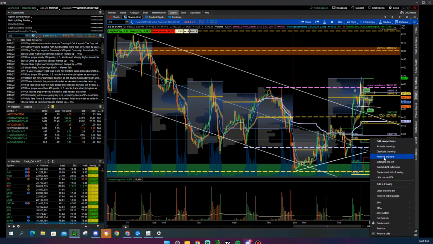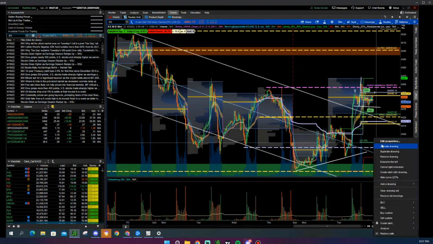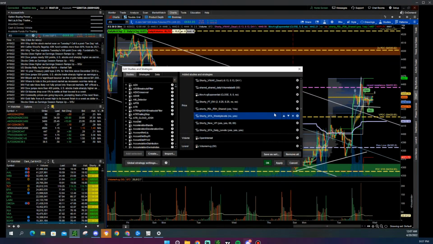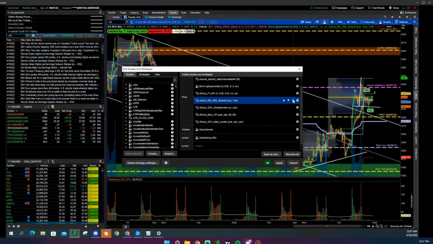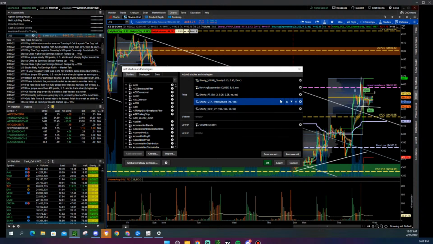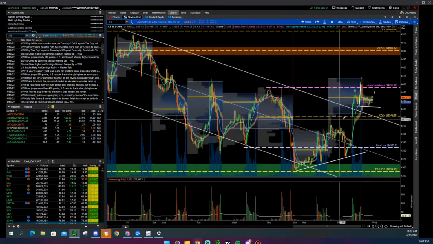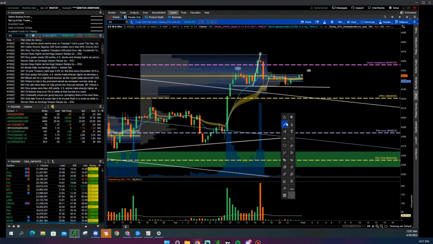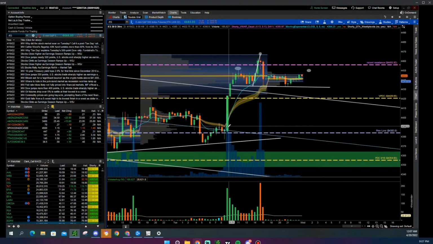There are so many lines, I'm about to go crazy. This PDH sometimes. All right, much better. So that fib matched this one here, intraday.